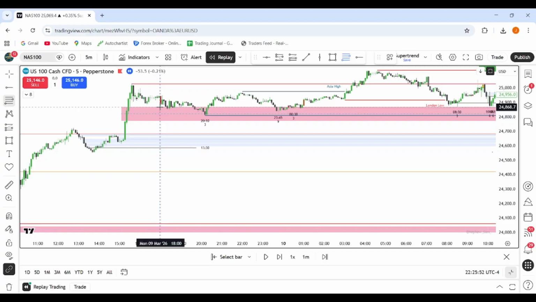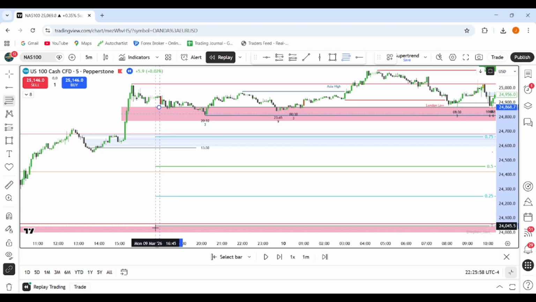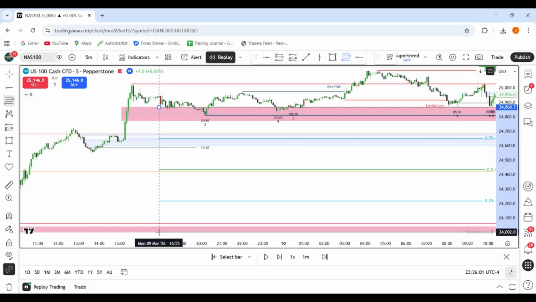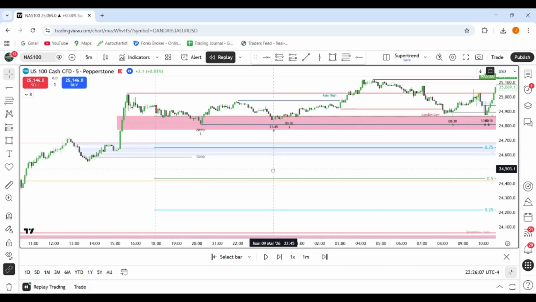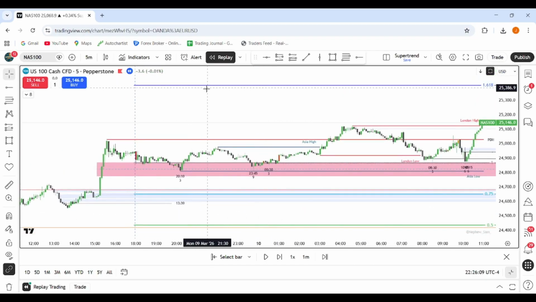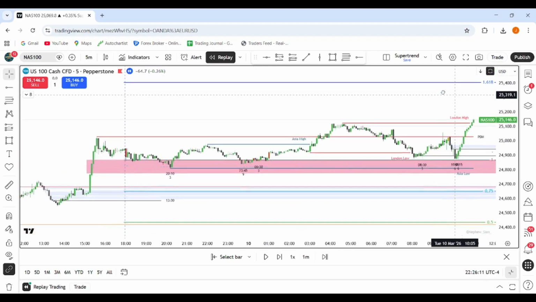So I want to see how price has reacted to this range overnight. So the fib tool goes from the outside edges of each, and it divides it into 4, as you can see, and then I have an extension to 1.618, as you can see up there.